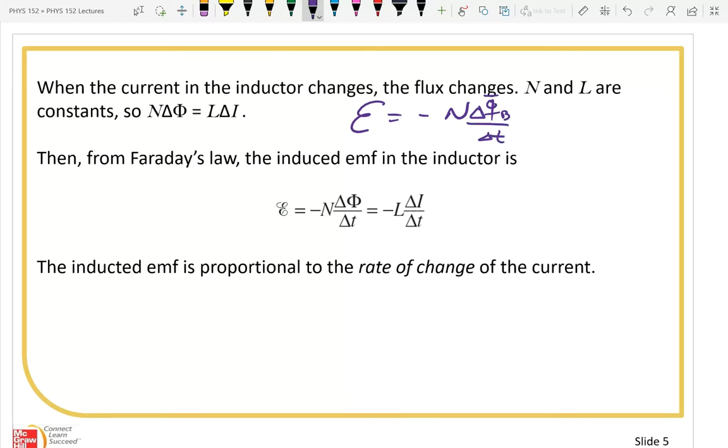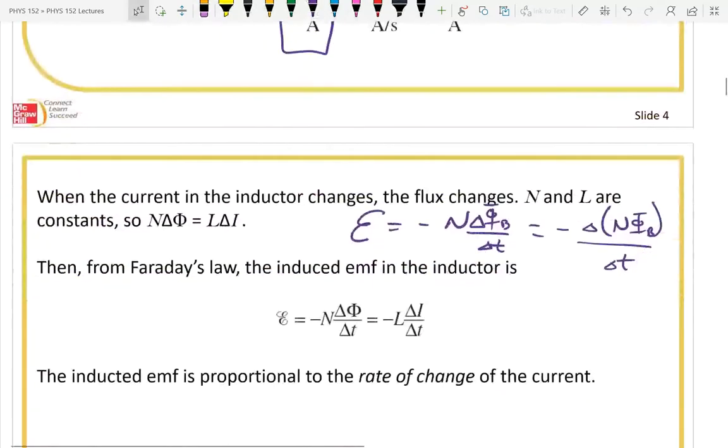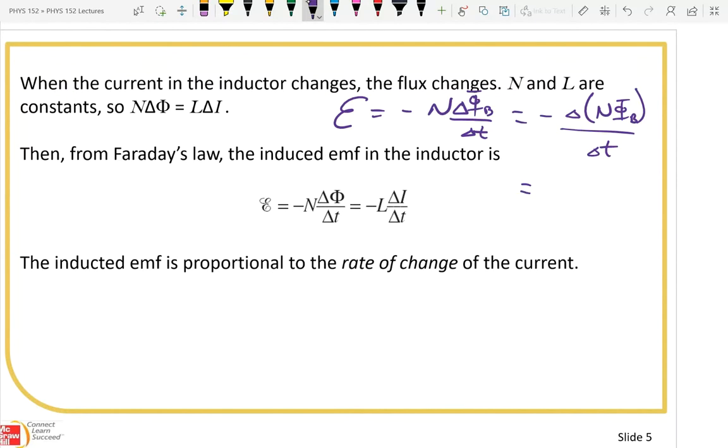If the number of turns is constant, then that would be the same as minus the change in N times the magnetic flux over change in time. But since N times magnetic flux is defined as the inductance times the current, over change in time, if our inductance is not changing.